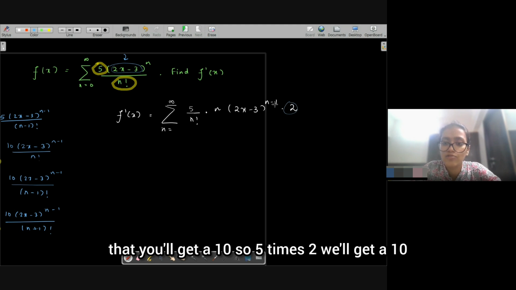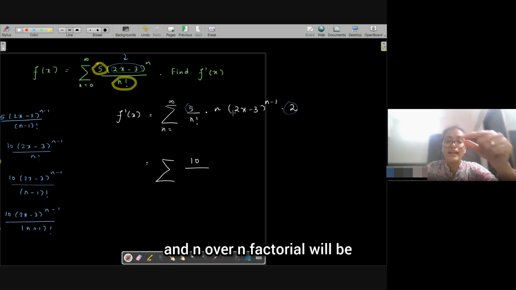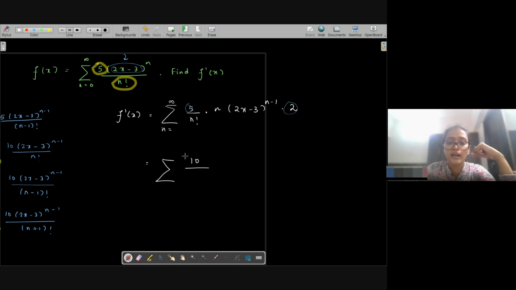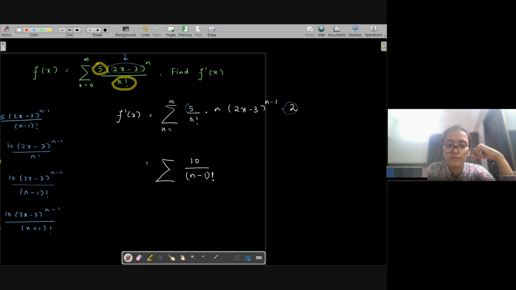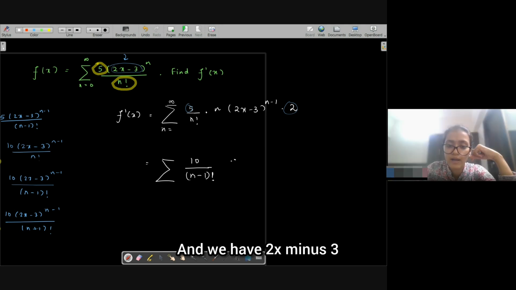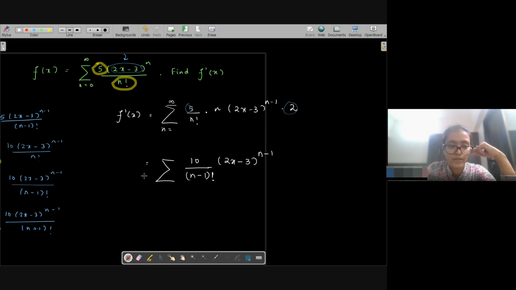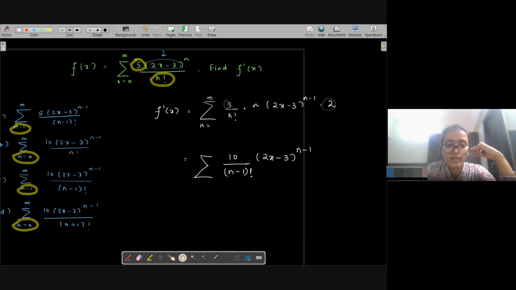So we get 10 over n minus 1 factorial in the denominator, and we have (2x minus 3) raised to n minus 1. Okay. So far, let's look at the answer choices. Let's see if we can eliminate something.